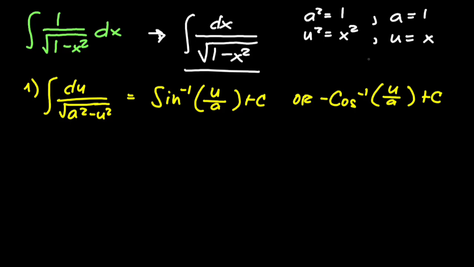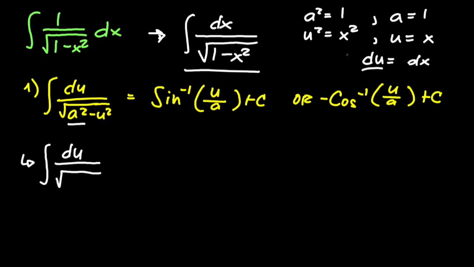And now, let us find du: the derivative of x is simply 1 dx or simply dx. Now that we have assigned all our values, let us start. So dx is equal to du. So it would be du over the square root of, according to the formula, a squared here is 1, so a squared minus u squared is 1 minus x squared.